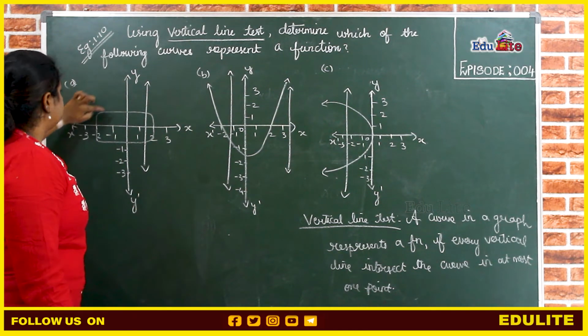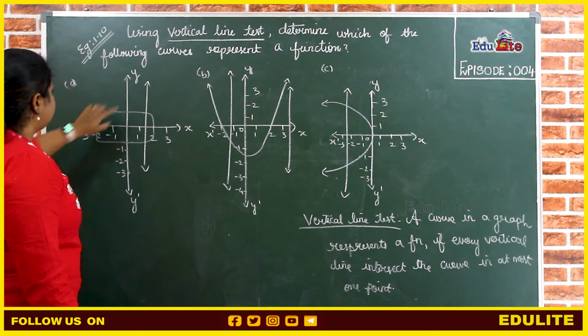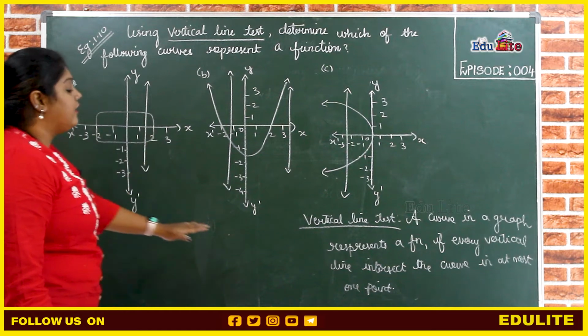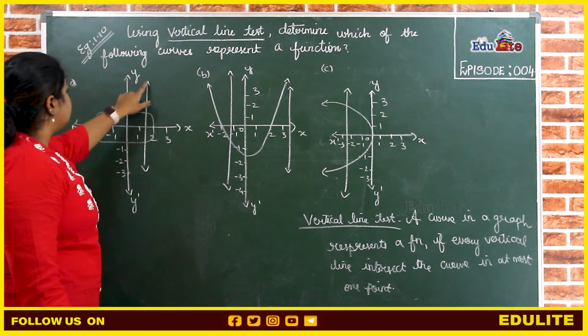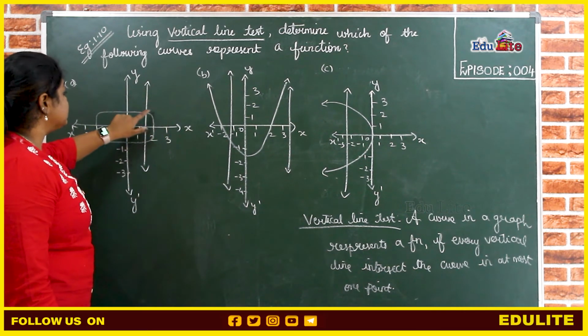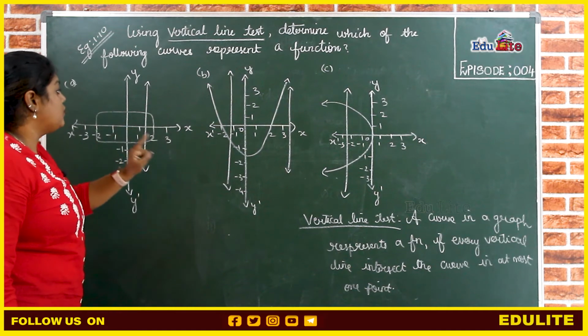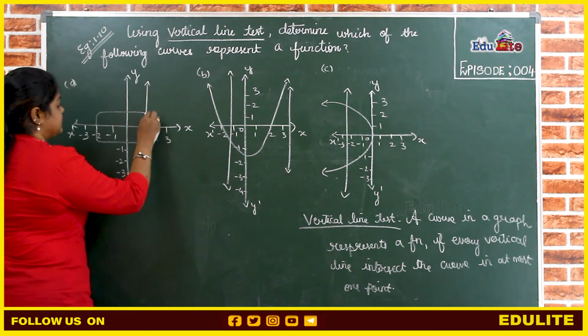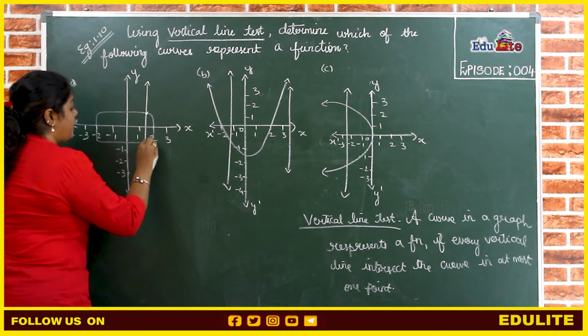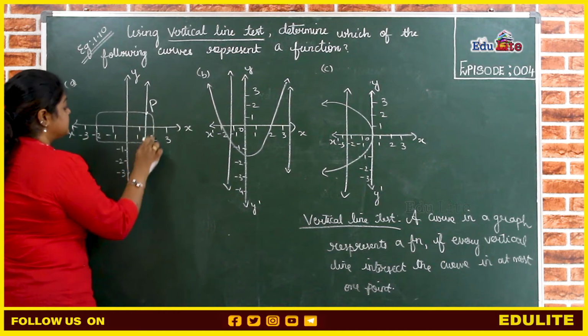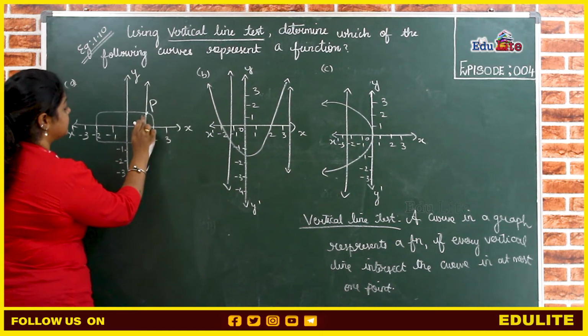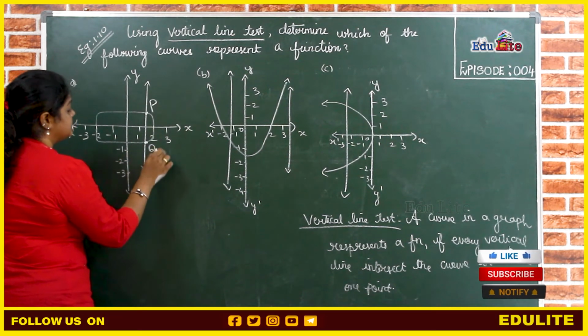So the first curve is given like this and we are given a vertical line. According to the vertical line test, the vertical line must intersect the curve in at most one point. If you see in this example, it intersects at 2 points. The vertical line intersects the curve at this point and also at this point.